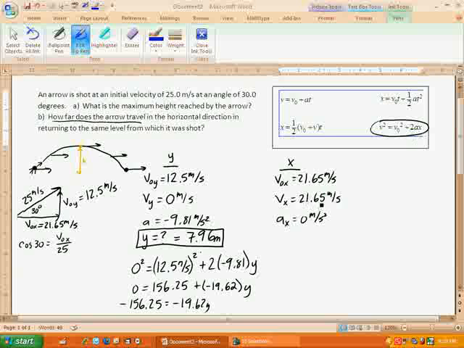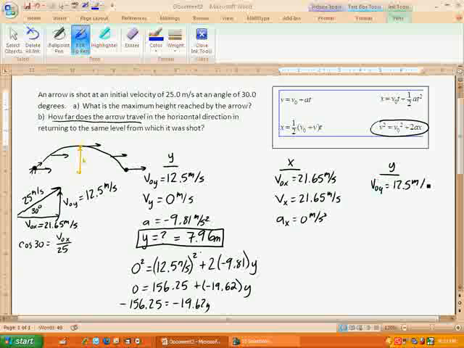And so what I'm going to need to do is start with the y information. Okay? And so now I need to look at the y information at this point in time. I know that the initial v naught y, of course, is 12.5 meters per second.